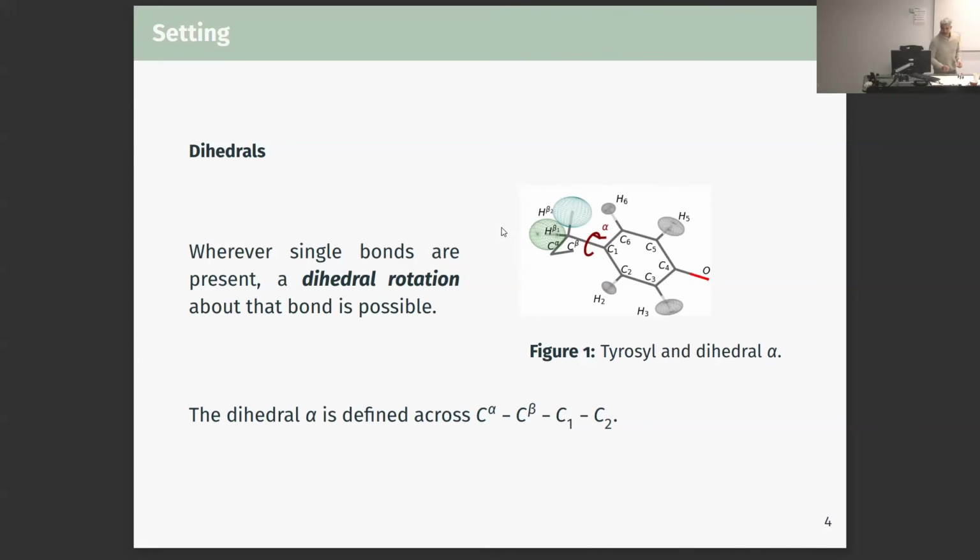So this dihedral is basically between this atom, this atom, this atom, this atom. So you take these three atoms, you form a plane, then you take the latter three atoms, you form another plane. You take the normals to each plane, and you measure the angle between them.